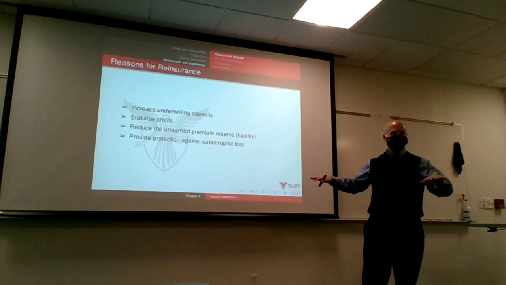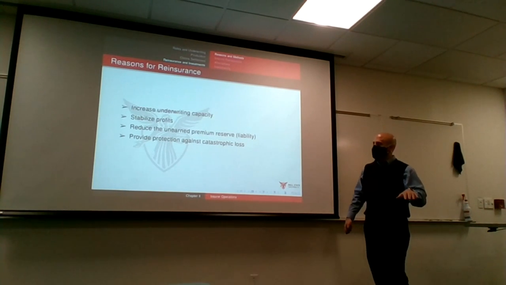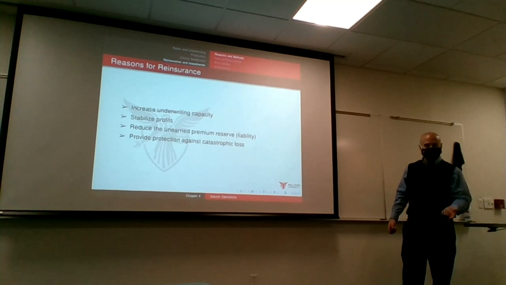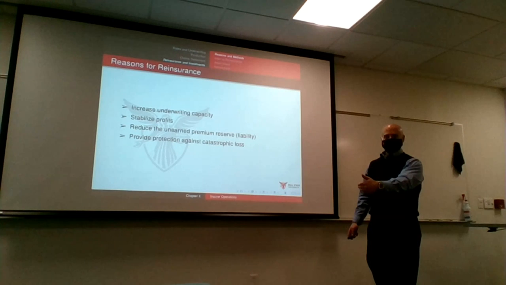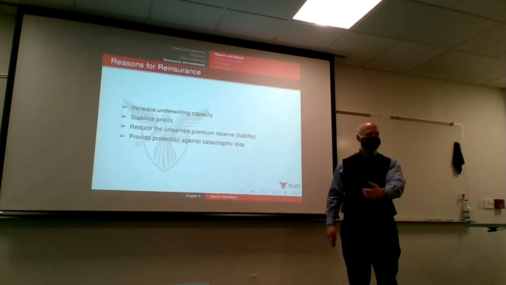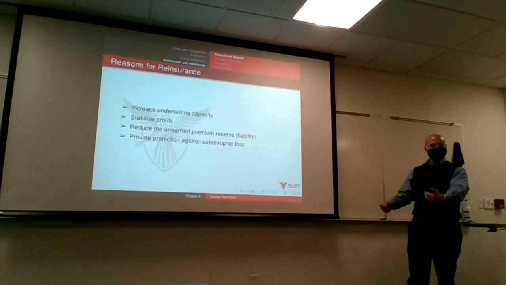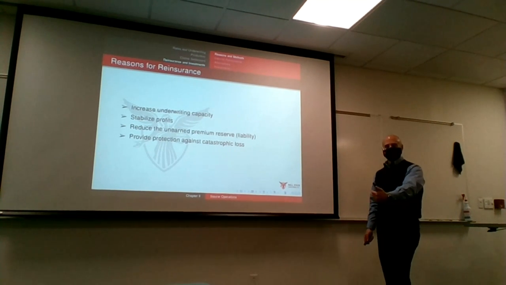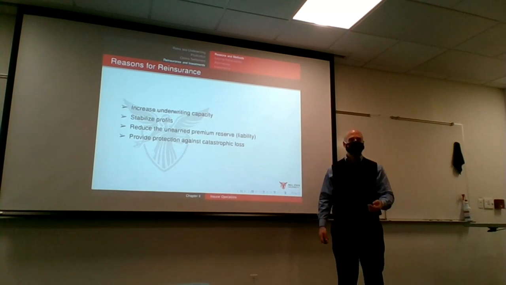Well, we still have that, but there's less certainty. Therefore, it could also stabilize my profits. I know that on that line of insurance, I'm only going to lose up to $1 million, nothing more, nothing less. I mentioned the unearned premium reserve already; it lowers my liability, and could provide protection against a catastrophic loss.